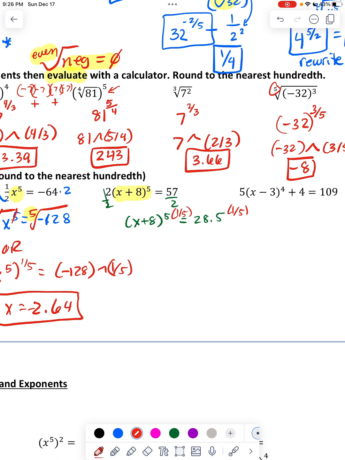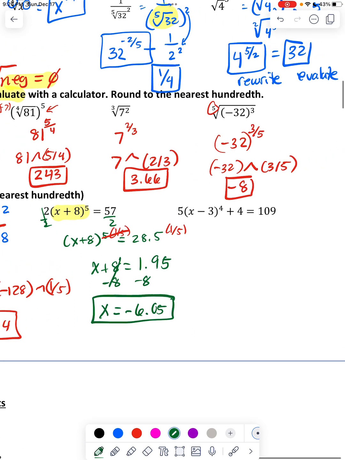This side I don't have to do anything because the 5 and the 1/5 cancel, so I end up with x plus 8. On my calculator, I do 28.5 to the 1/5 power and get about 1.95, which you should definitely check that you know how to do. Still trying to solve for x, so this one has one additional step. To get the x alone, I have to subtract that 8, and when I do, I get -6.05.